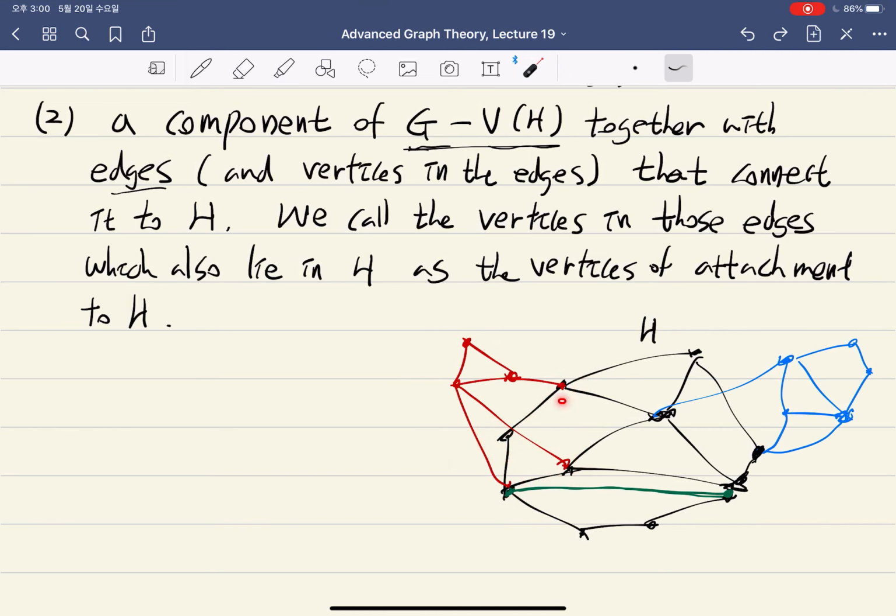And we call these vertices in these edges connecting this the vertices of attachment to H. Again, you take this component and you consider the edges connecting them. And this is another H fragment. And these are the vertices of attachment. And let's just call these two vertices in this edge, again, the vertices of attachment to H.